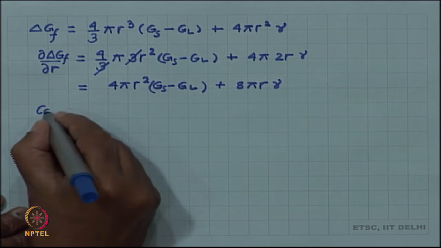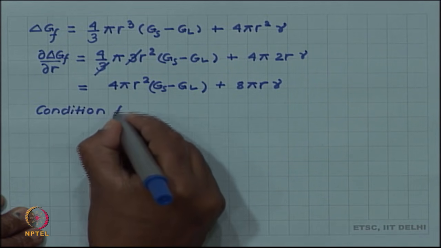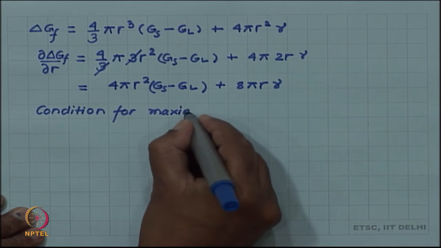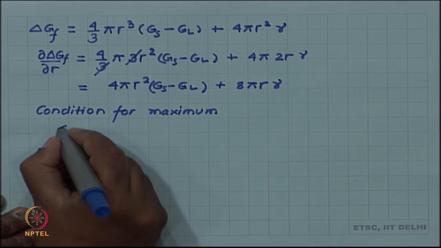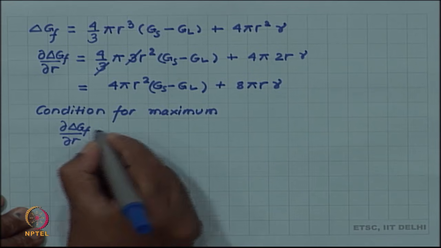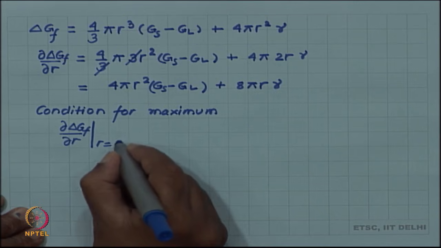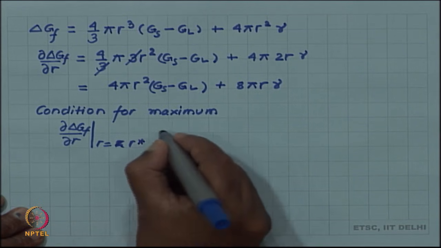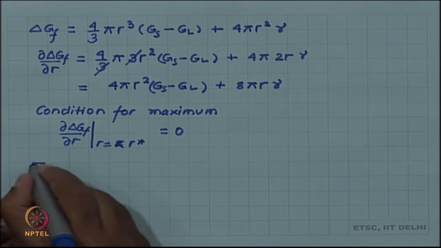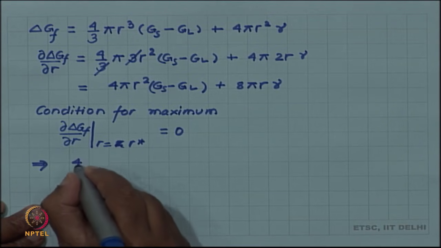Now, we apply the condition for maximum, which is del delta G f by del R at R equal to R star is equal to 0. So, I substitute R star in this expression and set it to 0.